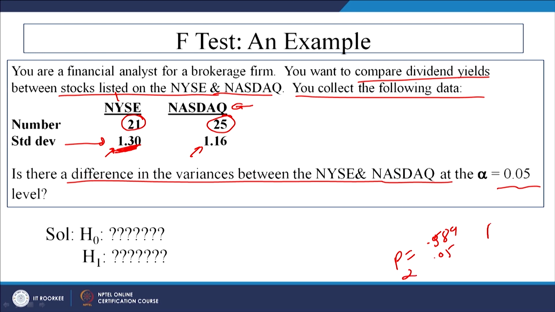So, the p value is more than alpha. So, we do not reject the null hypothesis. We do not reject the null hypothesis, it means they are one and the same.